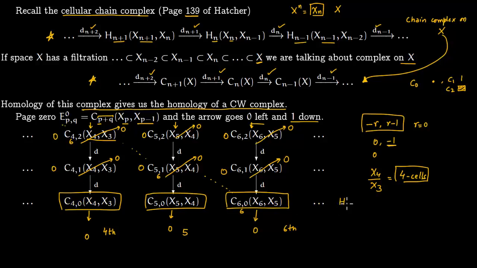So this you can rewrite as H4 plus 0, because you're going to write H_{P+Q}. This is C_{P+Q}. I'm writing it as P comma Q, but you have to read it as P plus Q. So H4 plus 0, X4, X3. So this is what we are going to read now in the next page.